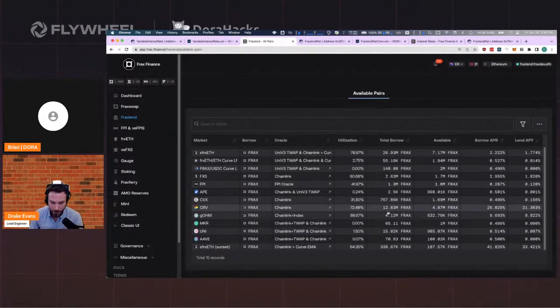It was at high utilization earlier. Sometimes the geom is higher, but you can see there's quite a bit of variability here. So this is a sunset pair. There's a 50% charge on the APY. So don't incorporate the sunset pairs, but yeah, that could be a really useful thing to build on top of this.